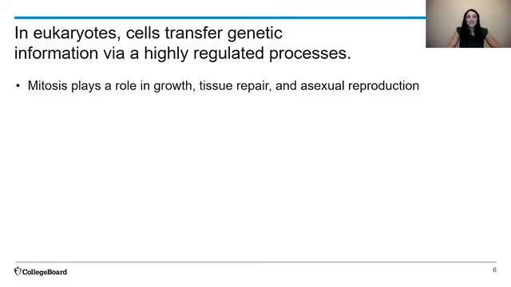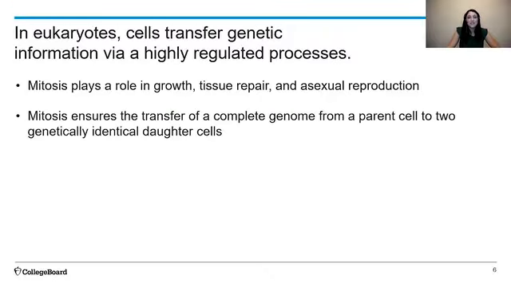If you are talking about tissue repair, if you happen to get a paper cut, the process that would occur to fill in that paper cut would be mitosis and cell division. And some asexual reproduction in single-celled organisms is done also by mitosis. Mitosis ensures that there is a complete transfer of the genome from a parent cell to 2 genetically identical daughter cells so that they are exact replicas.